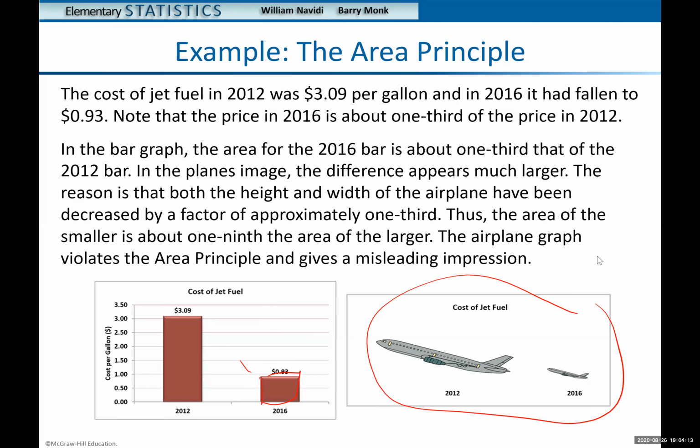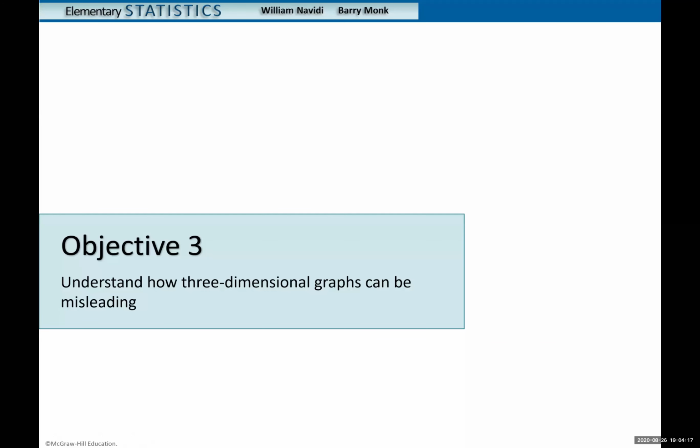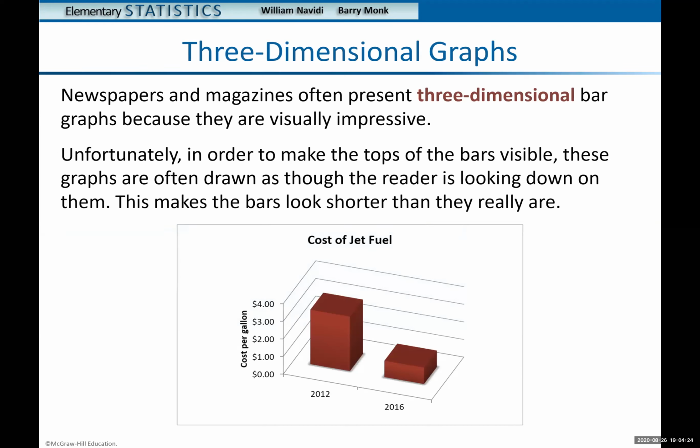So next one, and the last one, understand how 3-dimensional graphs can be misleading. So this is 3D. Newspapers and magazines often present 3-dimensional bar graphs because they are visually impressive.